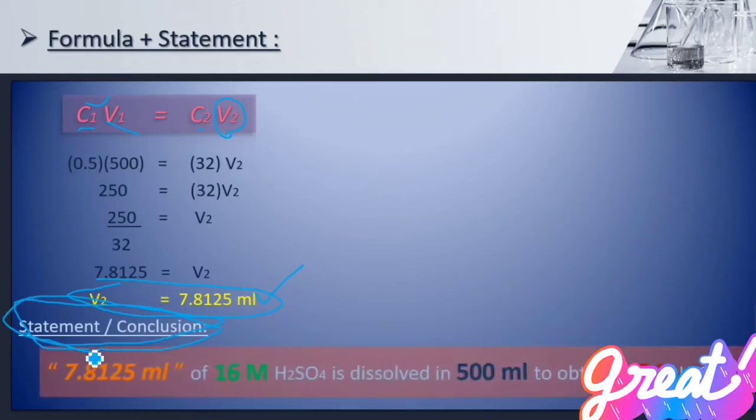So our statement would be: 7.812 ml of 16 molar H2SO4 is dissolved in 500 ml to obtain 0.5 normal H2SO4. So this is our answer. This statement is our answer, showing how much of the 16 molar is dissolved to obtain 0.5 normal.